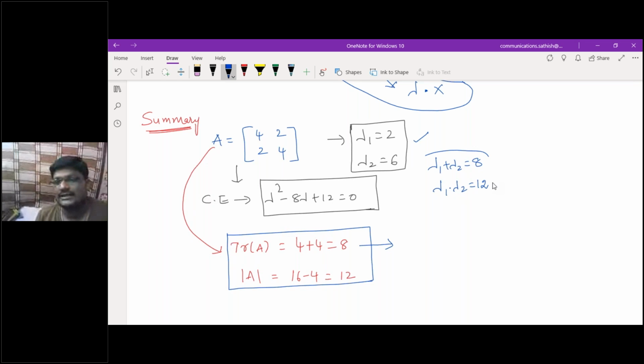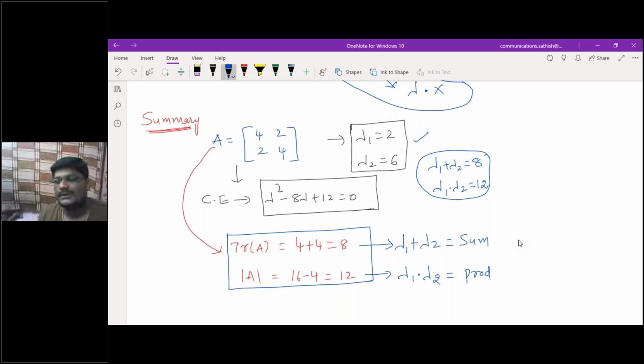Am I correct or wrong? This I can take as lambda 1 plus lambda 2, and this I can take as lambda 1 into lambda 2. This is the sum, and this is the product. Are you getting what I'm saying?